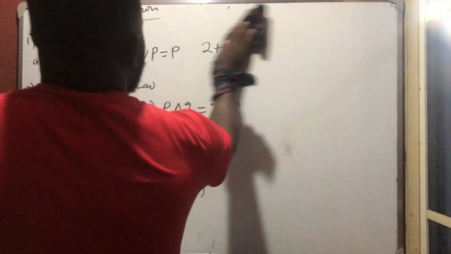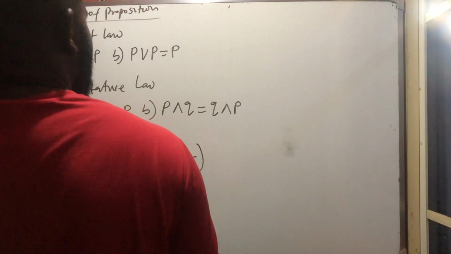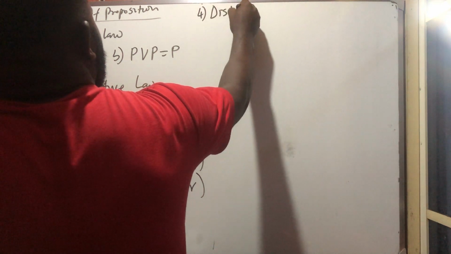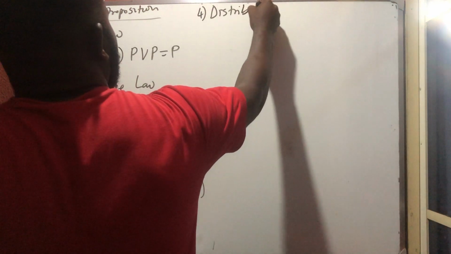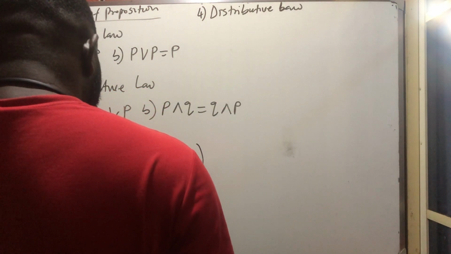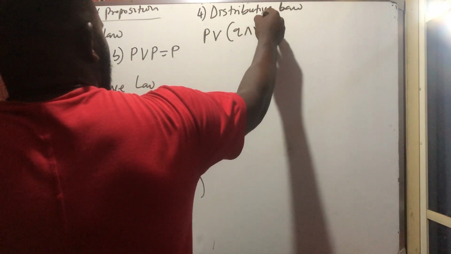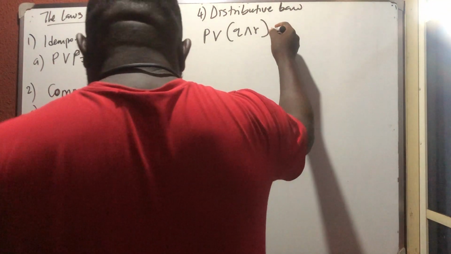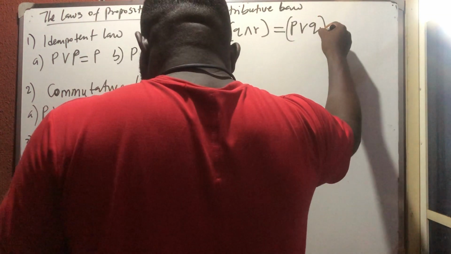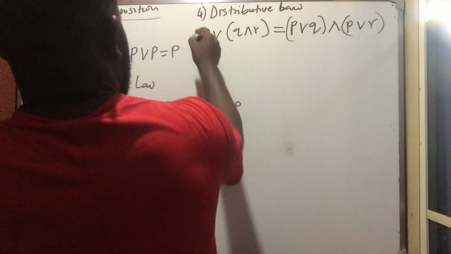Then the next one is the distributive law, number 4. In the distributive law, we have that P or Q and R is the same thing as P or Q and P or R, and that is the A part.